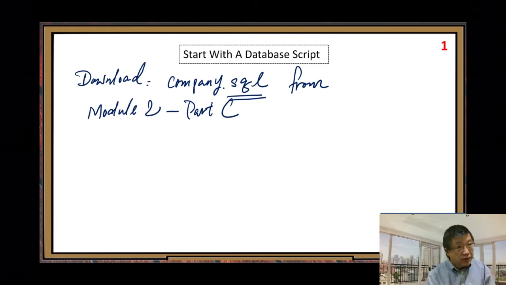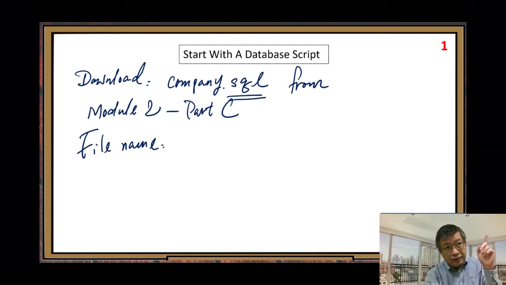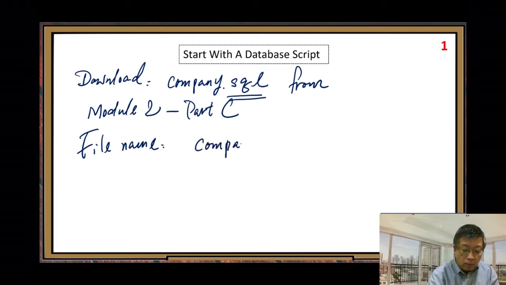First, I want to explain the file name. We use a file name convention here. Let's look at the file name. You can see first this company part corresponds to the database name.